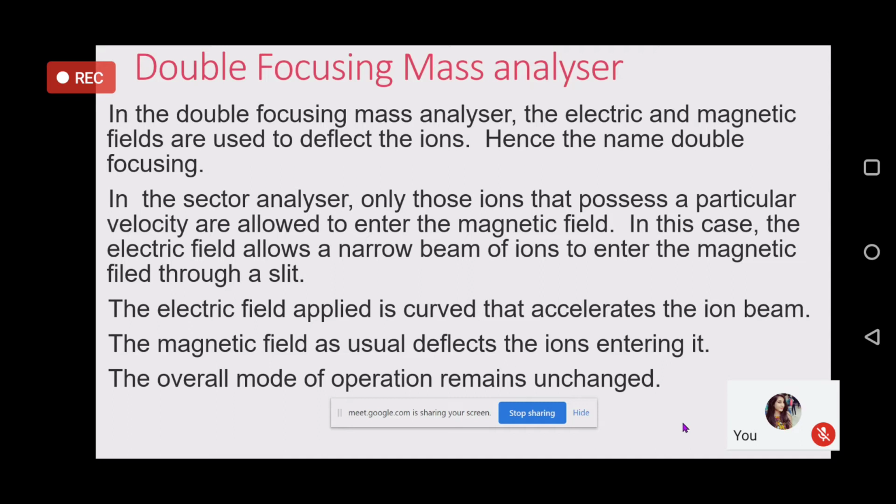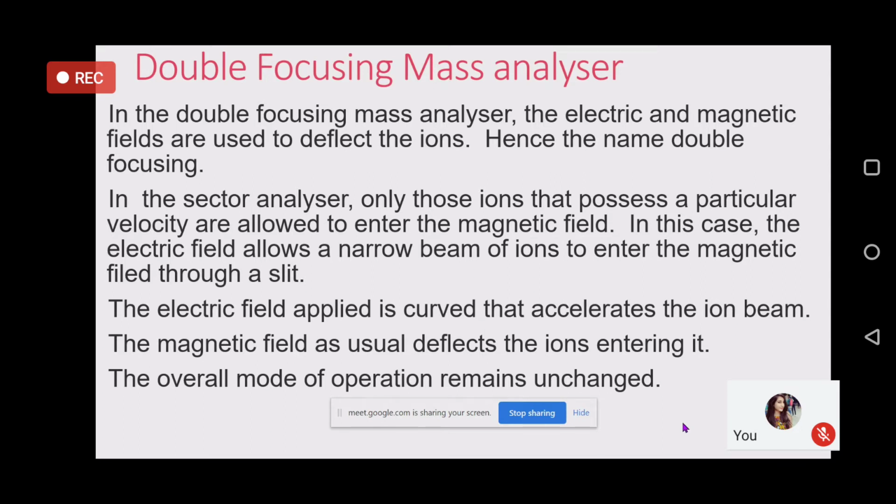All m by z of different values will have different velocities. All m by z of the same value would have the same velocity provided they are generated in an electric field. But if they are not generated in an electric field and they are brought into an electric field from their source of generation, the electric field will definitely give them the same energy, no doubt about that. All of them will receive the same energy.